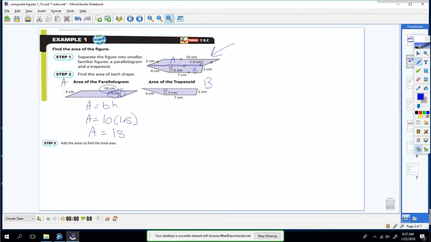So now we got to find the area of B, which is an area of a trapezoid. Area of a trapezoid is A is equal to base 1 plus base 2 times the height divided by 2. Okay? Well, your base 1 and base 2 have to be parallel. Remember, parallel is like railroad tracks. They'll never touch each other. So, let me scoot this in.